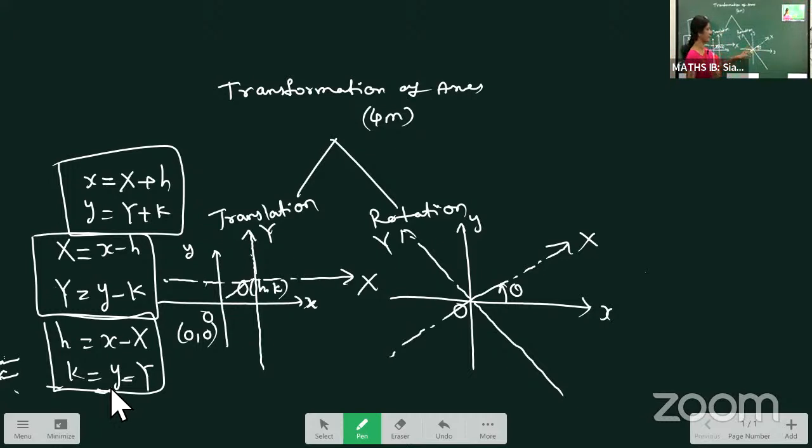When an angle is added, how do we find small x, small y values and capital X, capital Y values? Simple, just by remembering this table. You need not memorize the formula by heart. Whenever a rotation of axis question is given, draw the table like this. In the corner place, take theta, and below the theta, take the original coordinates, small x and small y.